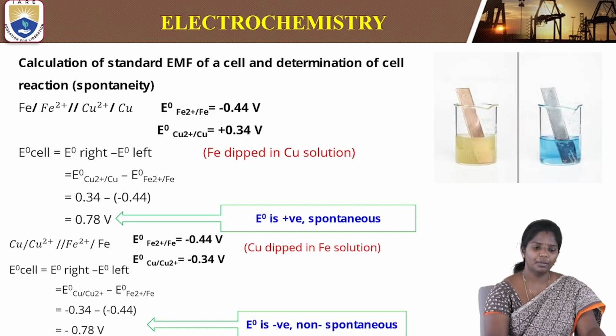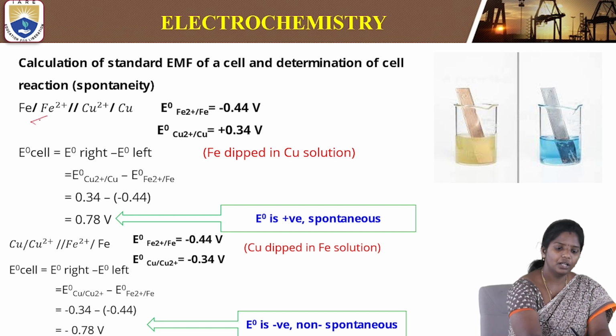Then the applications also include the spontaneity of a reaction. Whether the reaction is feasible or not can be determined from the electrochemical series. For example, copper and iron.